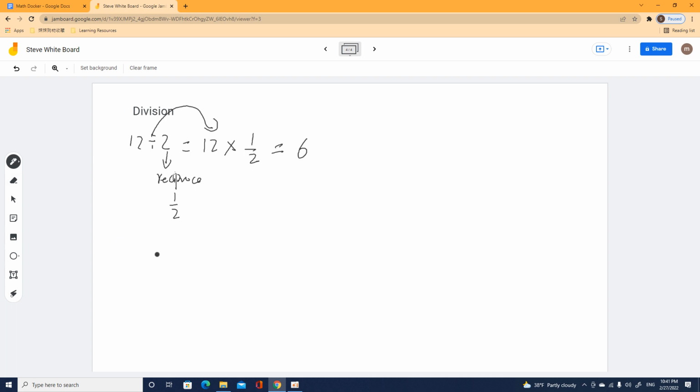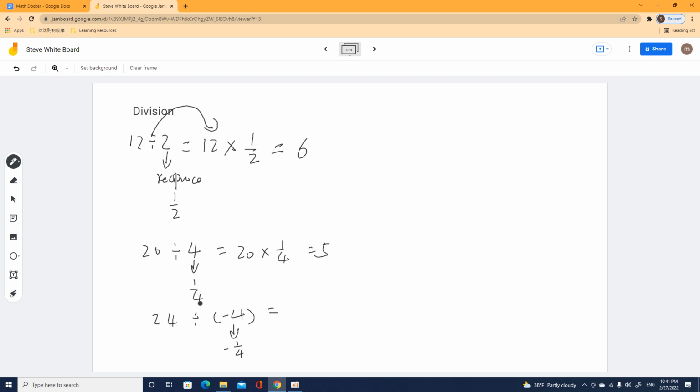Now I can give you more examples about how to transfer the division to the multiplication. For example, 20 divided by 4 equals 20 multiply the number's reciprocal, 1 over 4. That is 5. For example, 24 divide negative 4. Negative 4's reciprocal is negative 1 over 4.